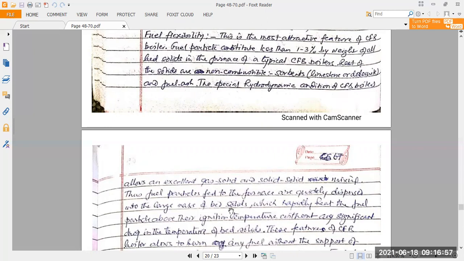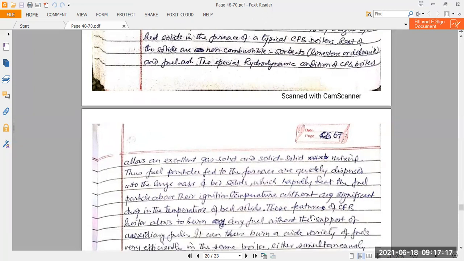As soon as the fuel comes inside the furnace, it is rapidly heated, reaches the ignition temperature and starts burning. This is done without any significant drop in the temperature of the bed solids. These features of CFB boilers allow it to burn any fuel without the support of auxiliary fuels.